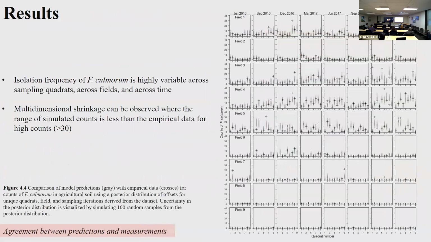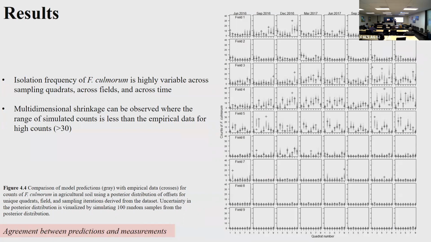Now, the first thing that ended up happening was I just tried to see how well my roulette board fit the data that I observed. So, right, I had 9 fields. There were 8 sampling points, right? 9 spots within each field. The cross is the actual empirical count that I observed. In gray, I sampled from the posterior distribution, and I saw what the predicted counts ended up being.